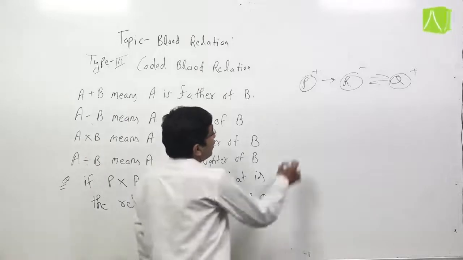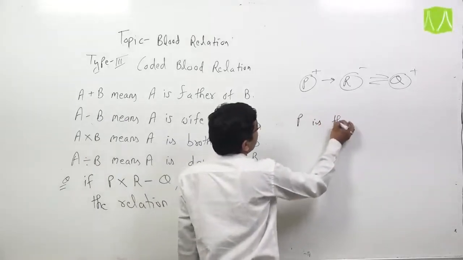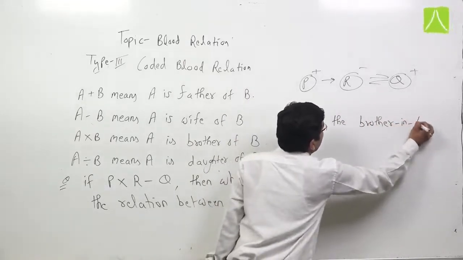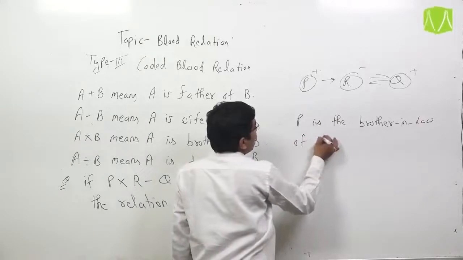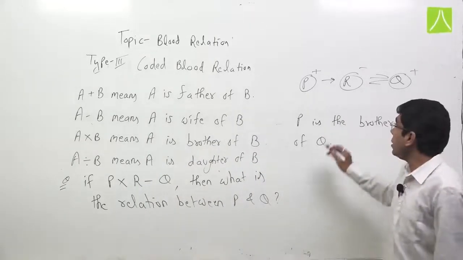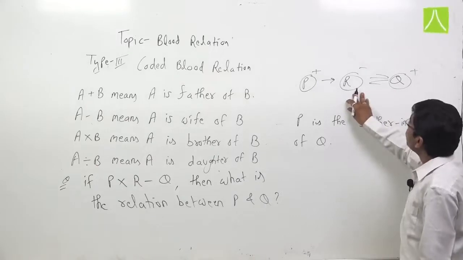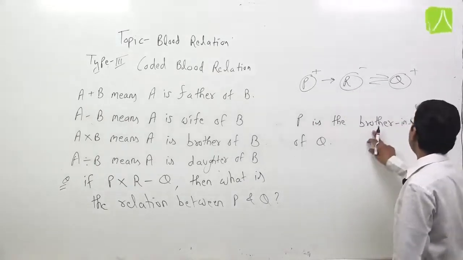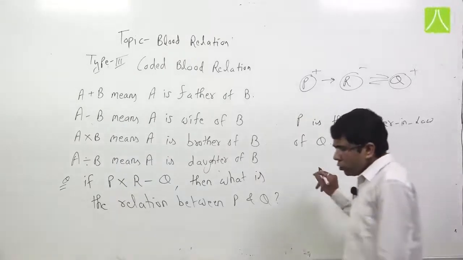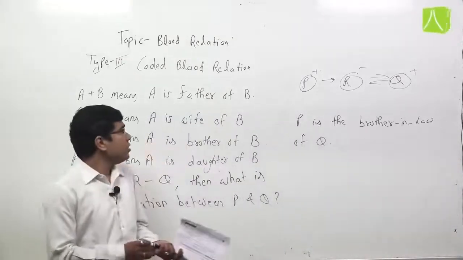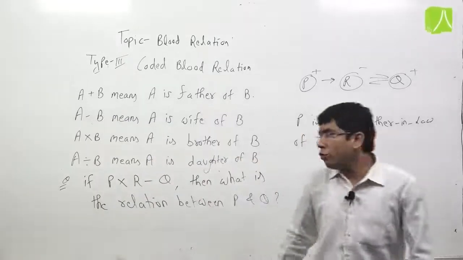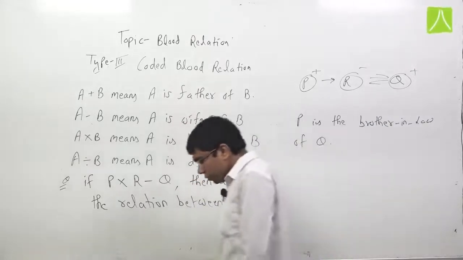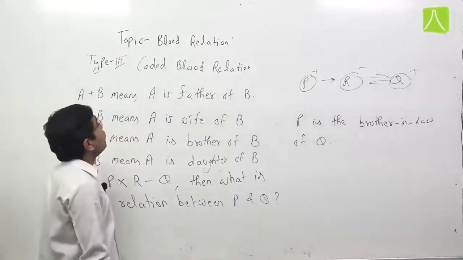We can say that P is the brother-in-law of Q, because from the diagram P is the brother of Q's wife. So in this type, coding is given and we have to determine the solution on the basis of this coding. It comes under the type coded blood relation.